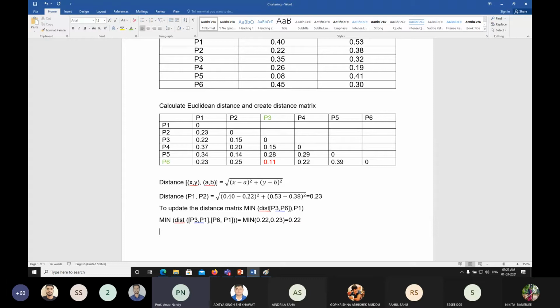Now you just tell me this. What will be the value to update the distance matrix?